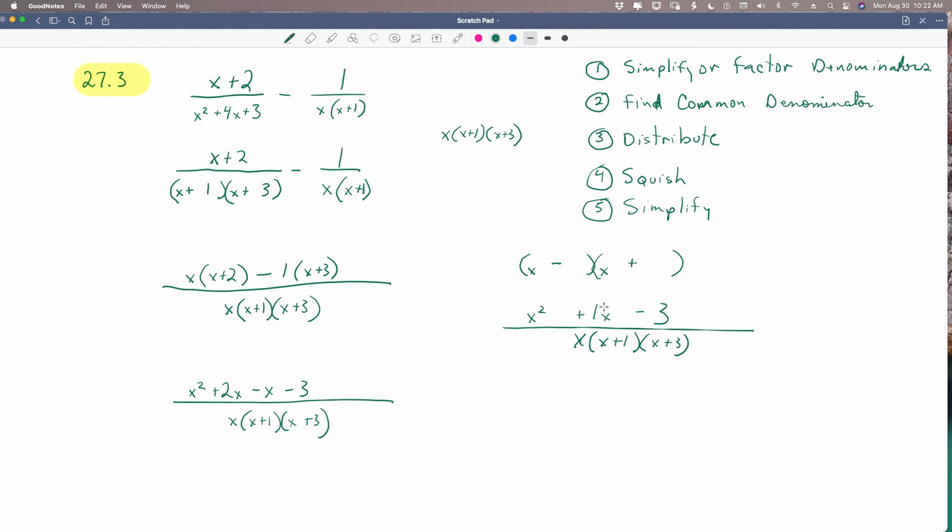And we have a positive 1x, so that tells me that the 2 is going to be positive because the factors of 3 are 1 and negative 3. So that's going to give us, if this is 3 and this is 1, that would end up being a positive 2, not a positive 1.